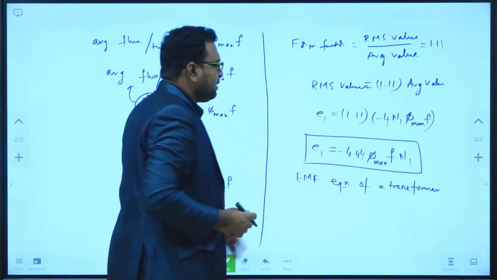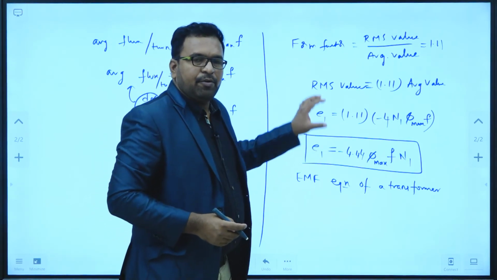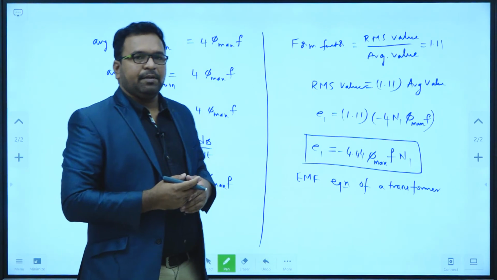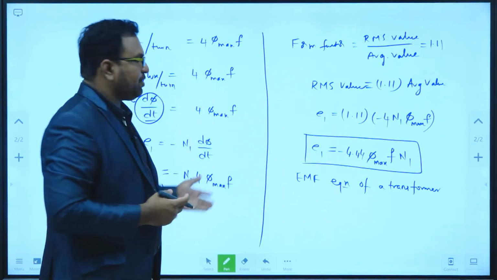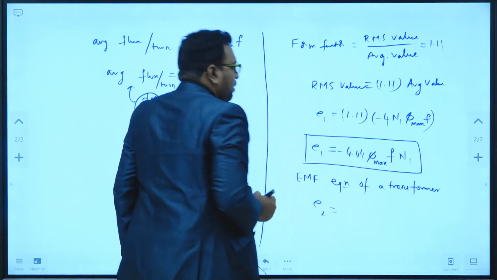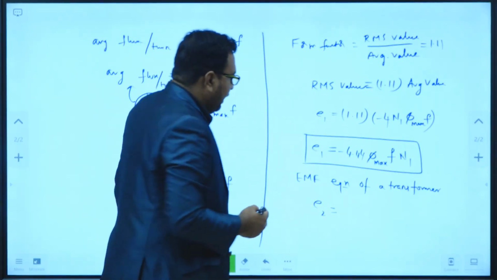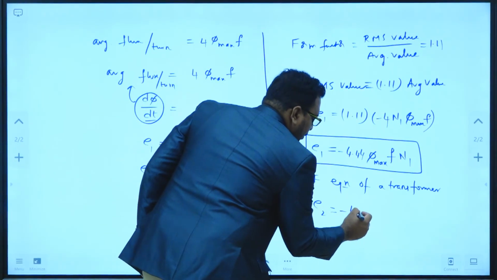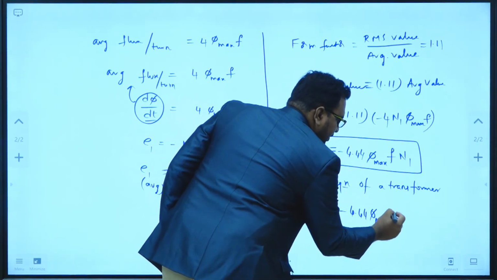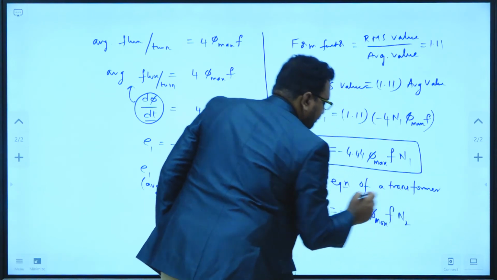This EMF equation is derived when you apply voltage to the primary winding. Suppose you apply the voltage to the secondary winding; following the same procedure, we obtain the induced EMF equation in the secondary winding as minus 4.44 Φmax f N2.